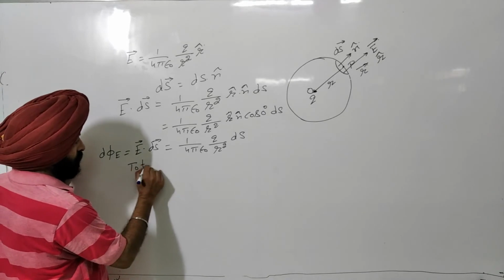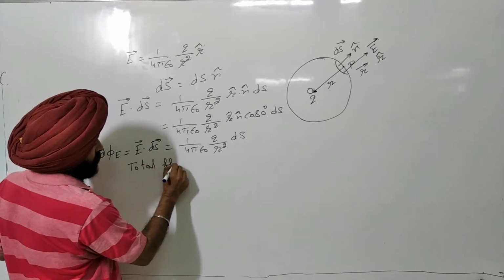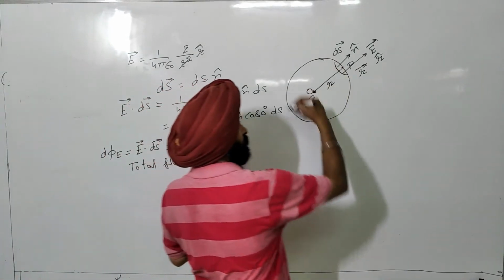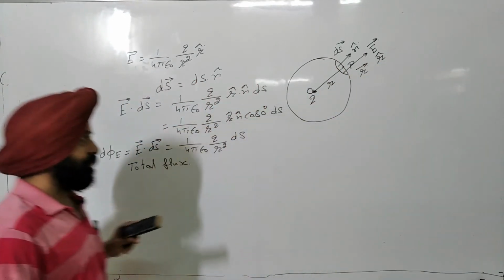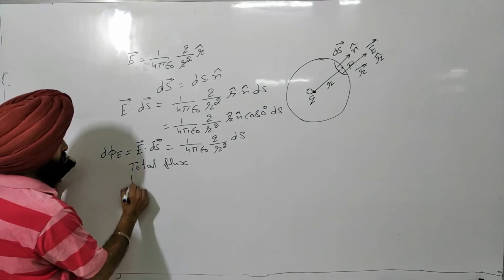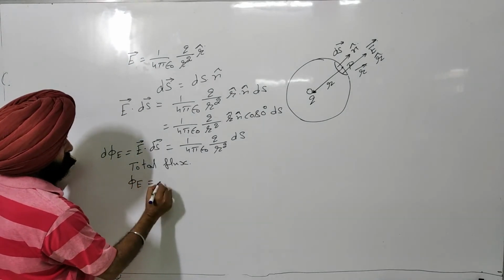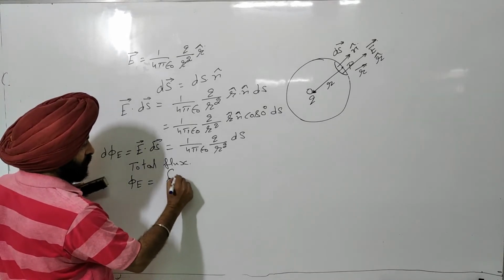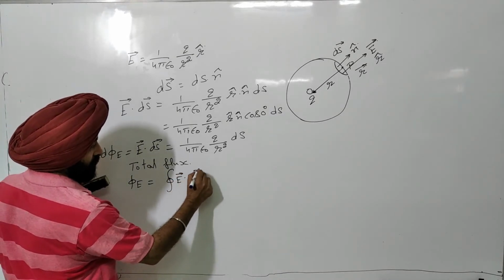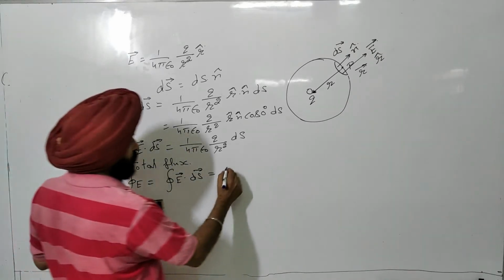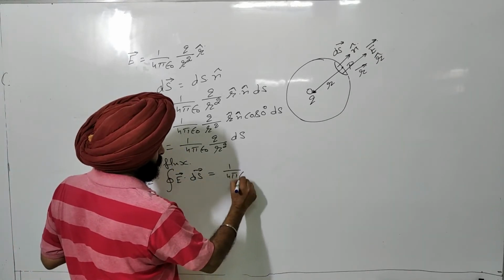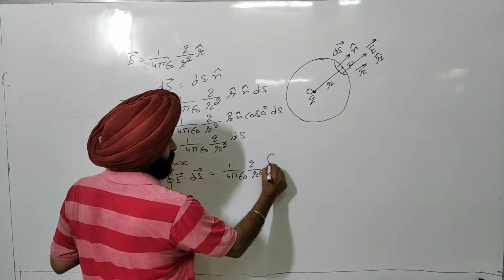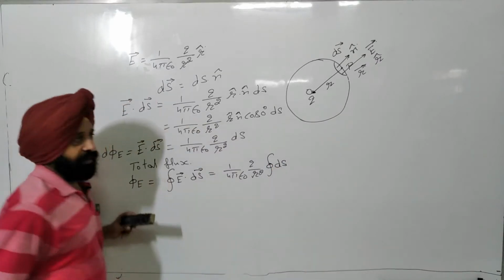The total flux through the entire surface of the sphere, phi E, is the integral over the surface of E dS, which is 1 over 4 pi epsilon 0, q upon r square, integral over the surface element.